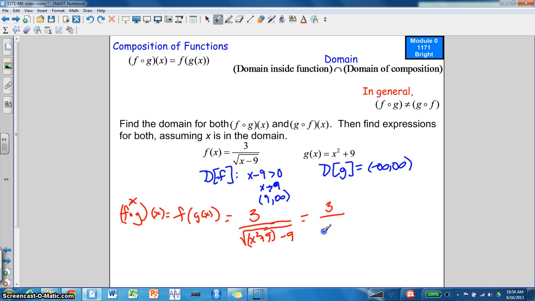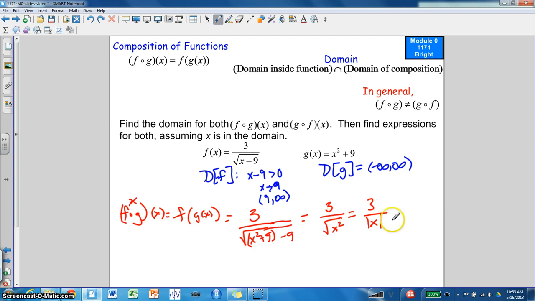Okay, and so I can do a little simplification here. 3 over the square root of, and then if I do the simplification, drop the parentheses, this simplifies to the square root of x squared. And a lot of people will just say this is 3 over x. It's actually, if we square root a square, we actually end up with an absolute value.